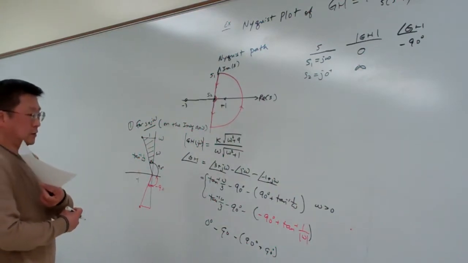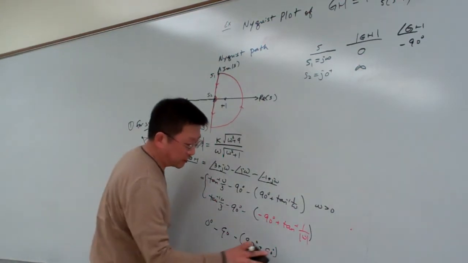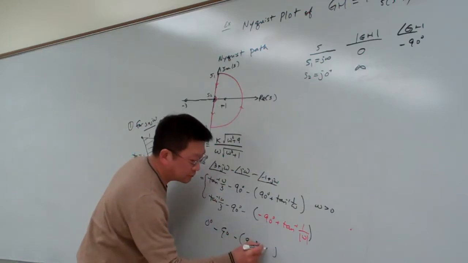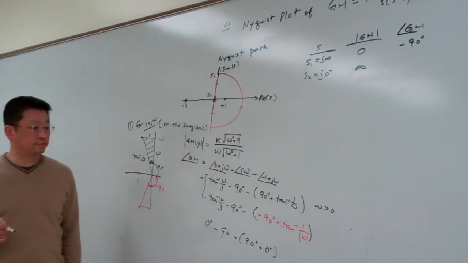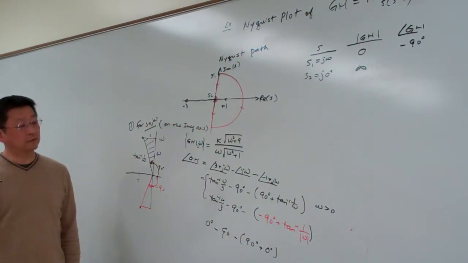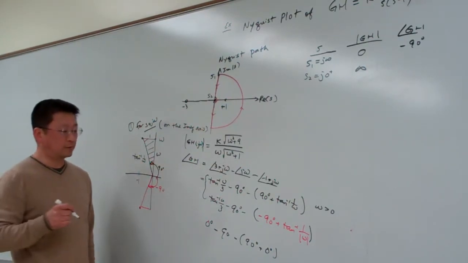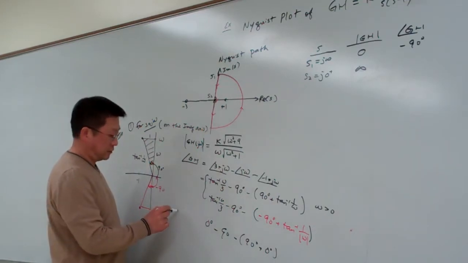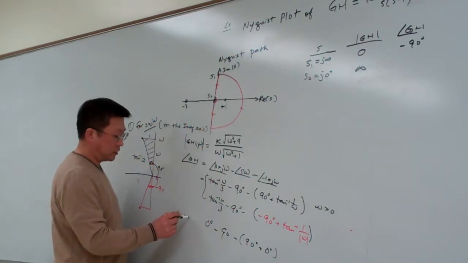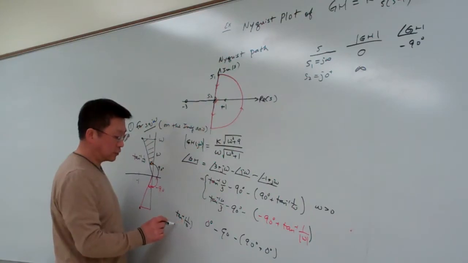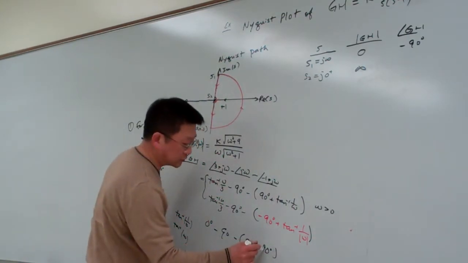Wait a minute. No, sorry, I always make a mistake. This is 0 degrees. Arctangent 1 over 0 is how much? Arctangent of infinity, so that is 90 degrees.